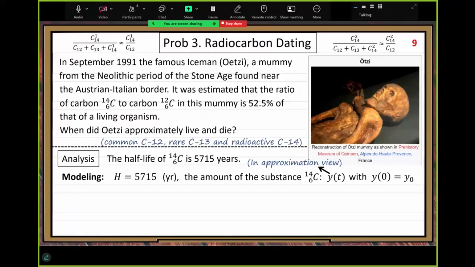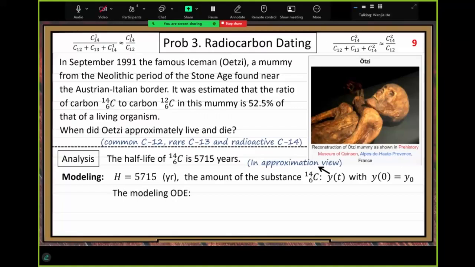In that way, when we consider the ratio carbon 14 over carbon 12, we can use that half-life concept.